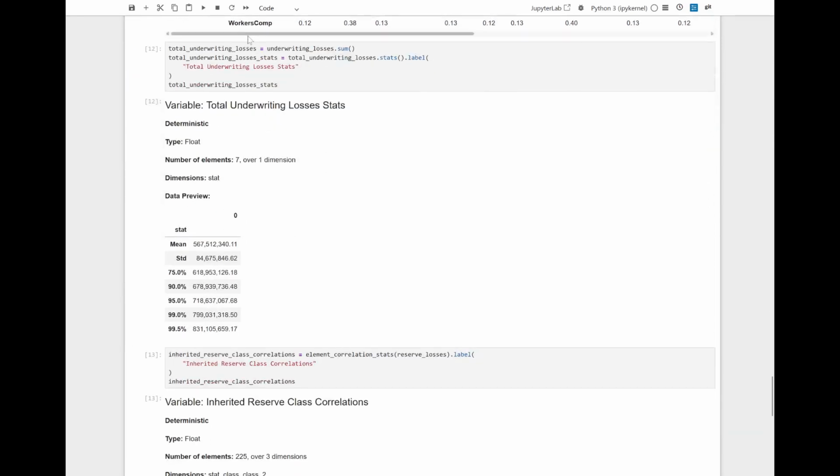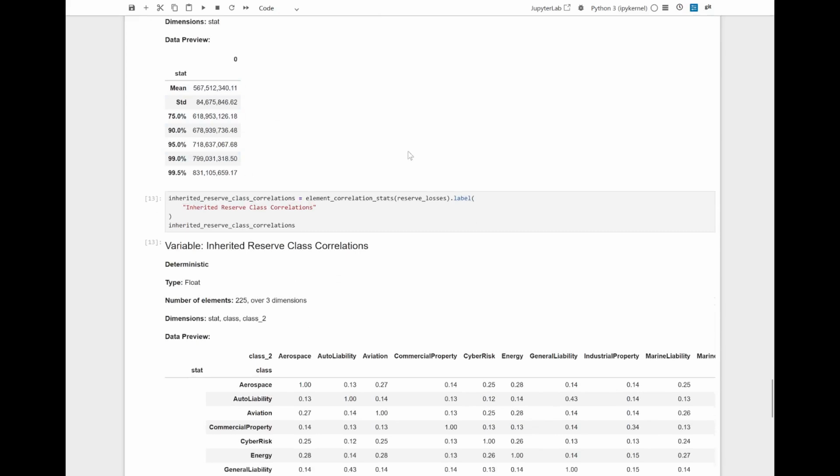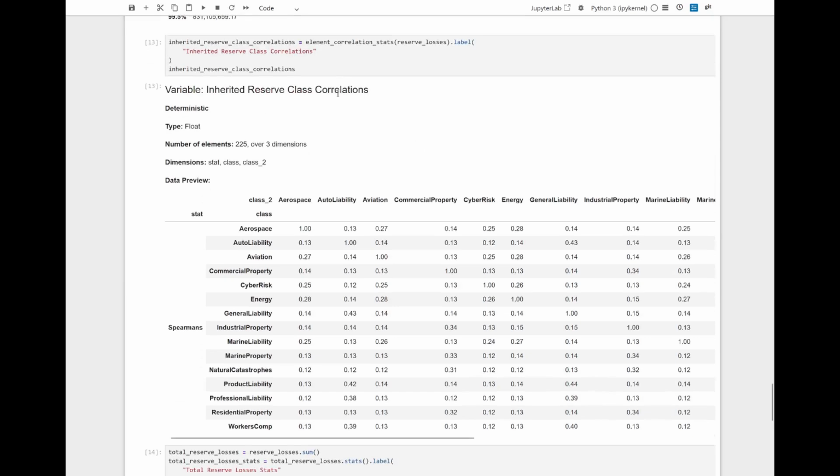We can have a look at the total underwriting risk, again summing up across the classes, and measure the stats on that. And we can see these deviations, a mean of around 567 million, going up to about 800 million in the 1 in 100. And we can do the same for reserve risk.